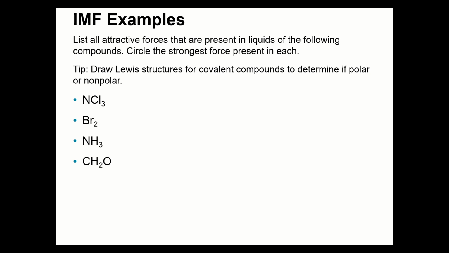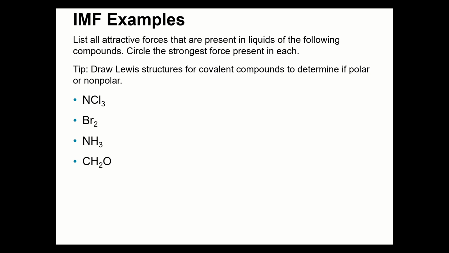So let's take a second to do a practice example. We're going to list all of the attractive forces that are present in each of these examples, and we're going to circle the strongest force. For most of us, the easiest way to do this is to draw the Lewis structure.